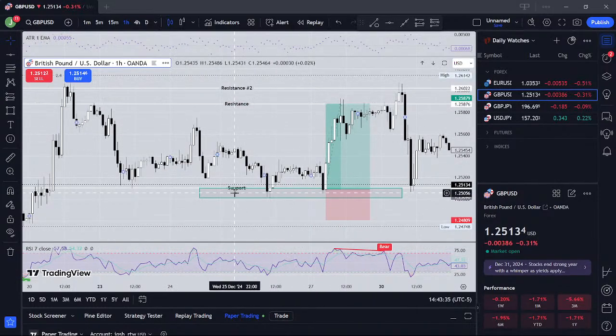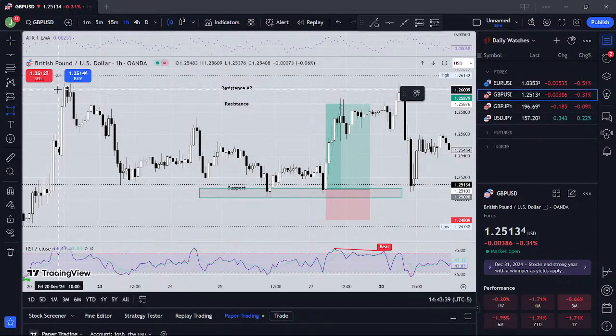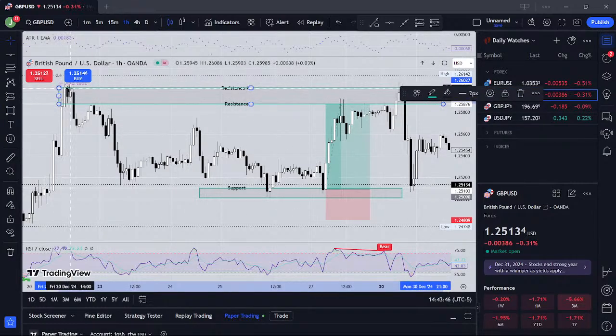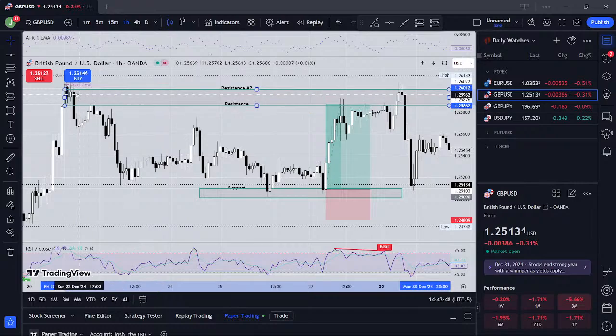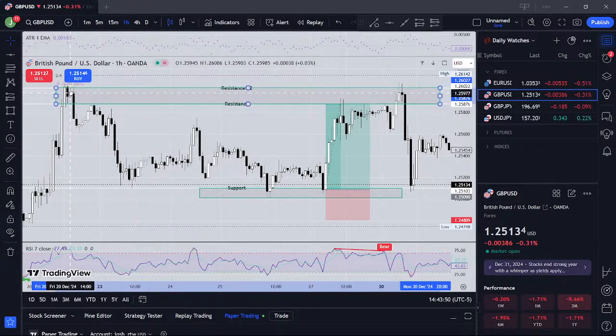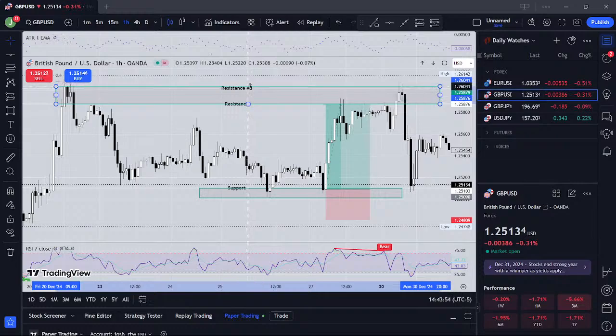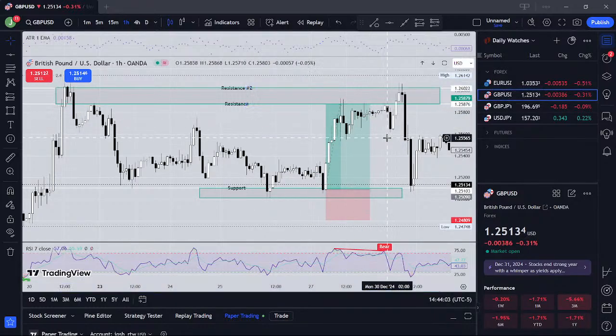If I was to draw a circle again, let me just draw a circle again. If I was to draw a circle over here, I can see that the market bounced back up. So the market closed in the rectangle right here, and it went straight down.